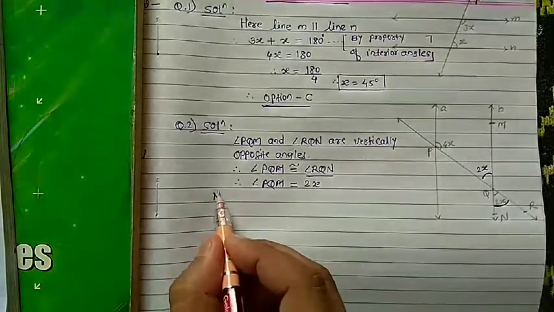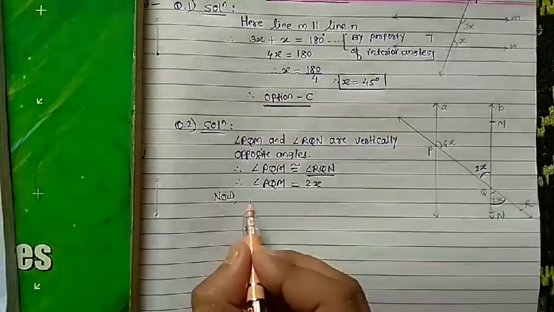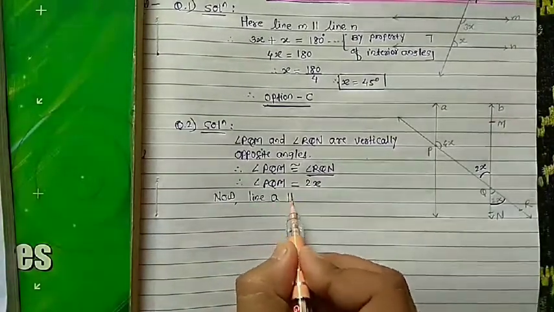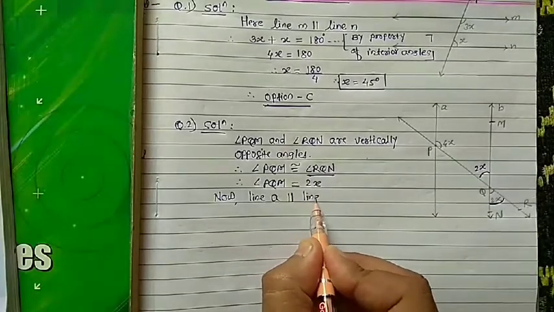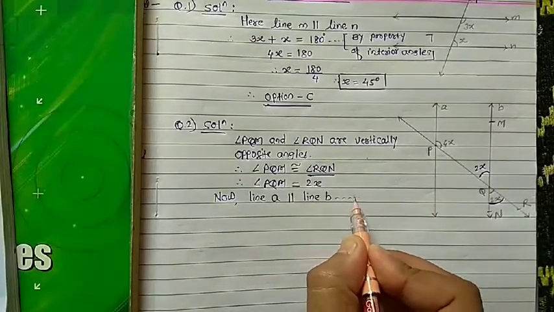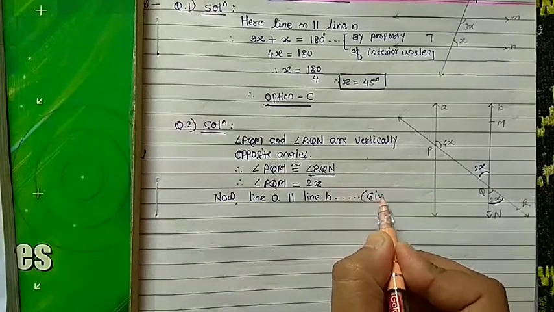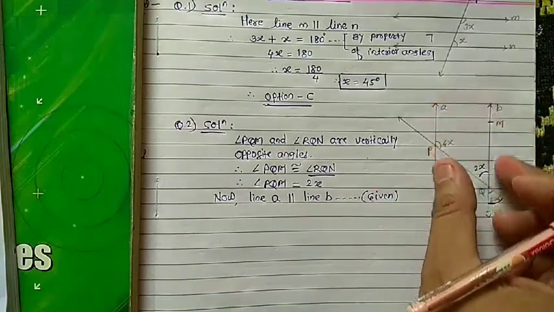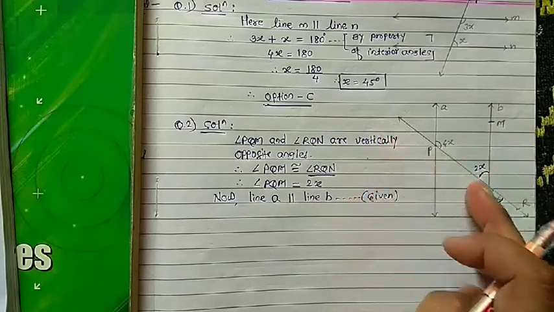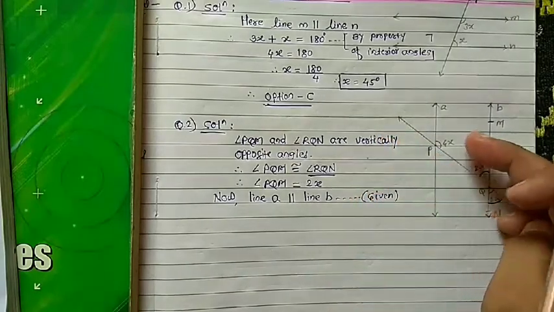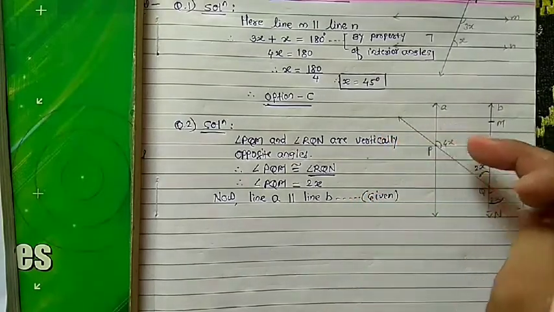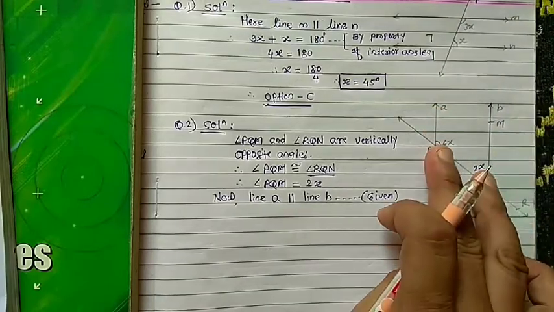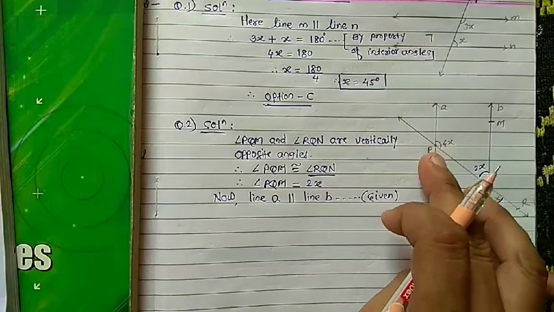So now line A is parallel to line B. For this, the reason is given. Two lines are parallel and this is the transversal. So it means these two angles are interior angles, and if the two lines are parallel, then the interior angles are supplementary.